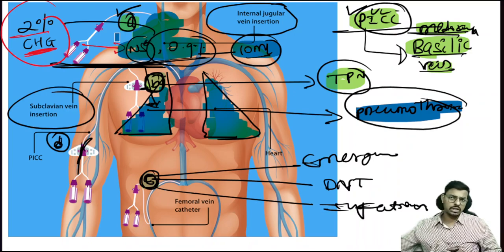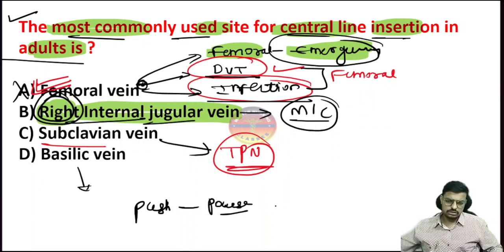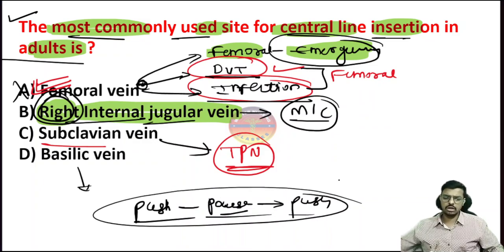During the flush in the central venous catheter, we have to maintain one technique: the push, pause, push technique. First we push the normal saline, then wait for a second, then push again. We can also call it the pulsatile technique.